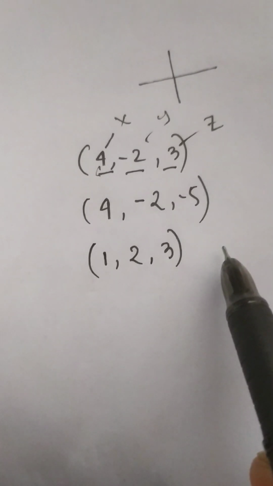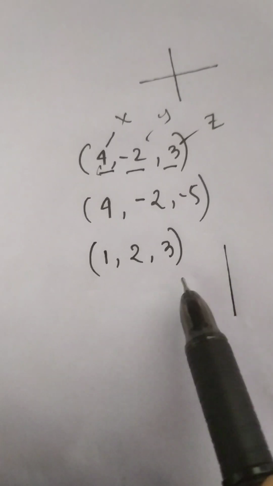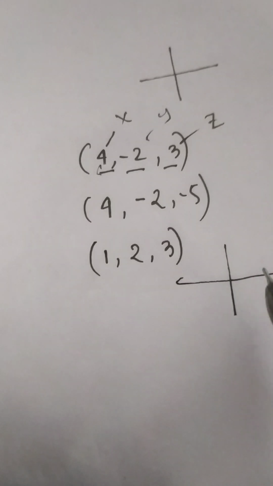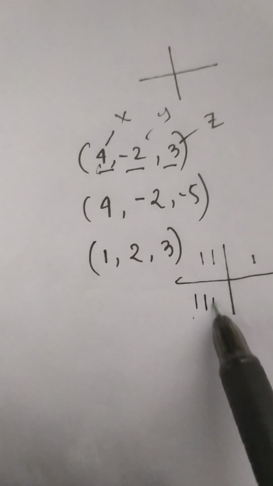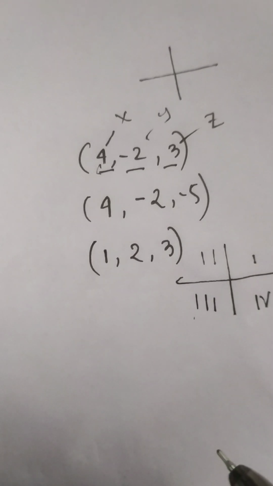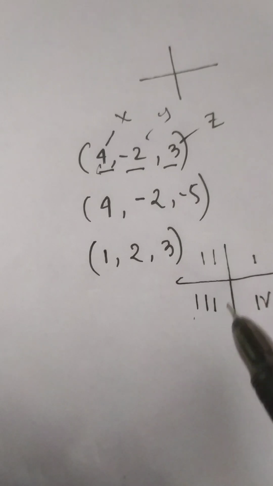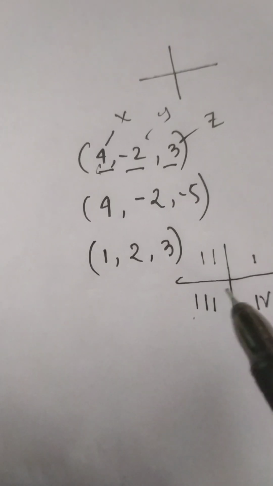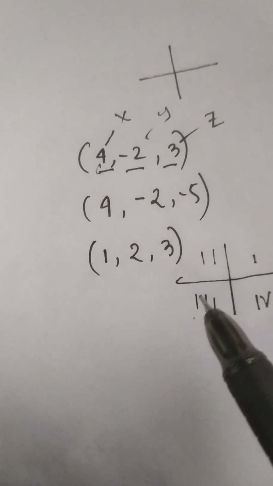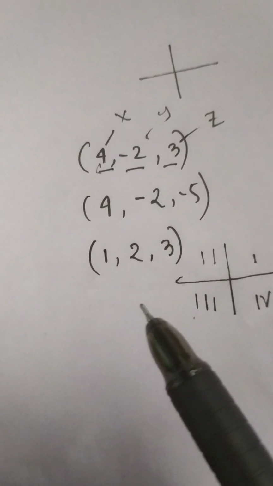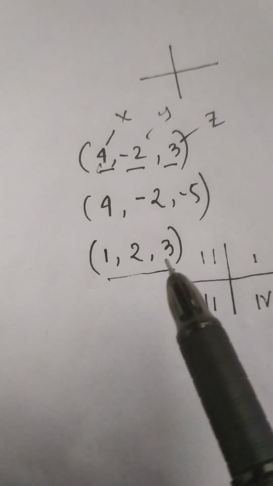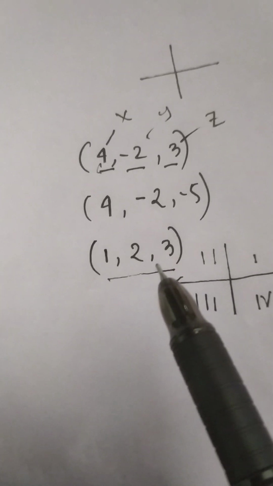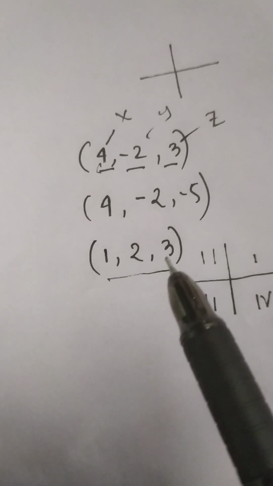It is similar to how the x axis and y axis divide the plane into 4 quadrants: quadrant number 1, 2, 3 and 4. Similarly, the 3 axes divide the space into 8 octants. Now the main point is, if the coordinate is given, how could we find the octant in which it lies?